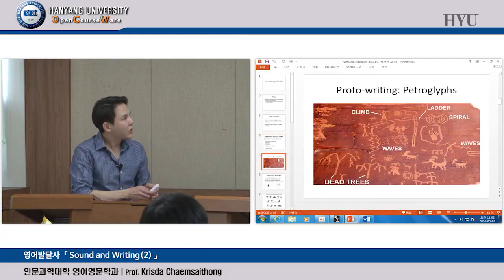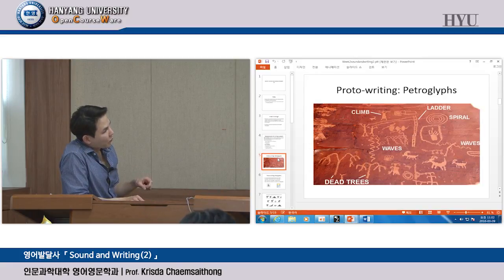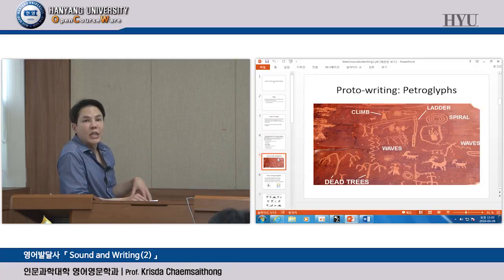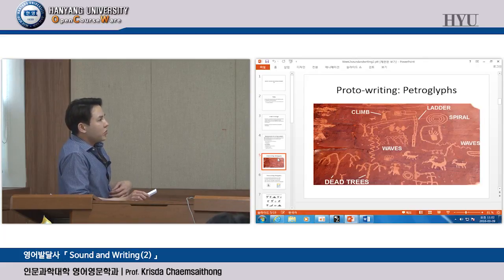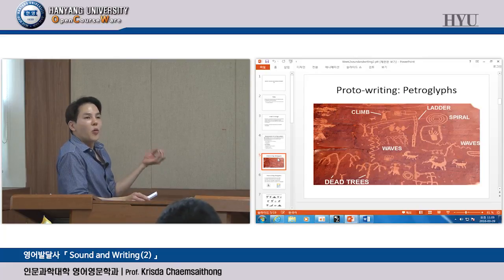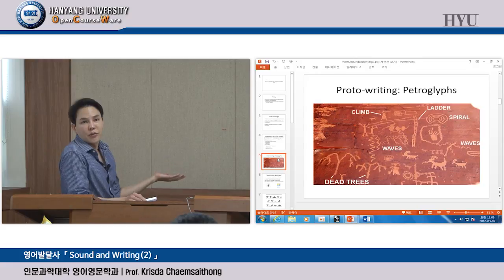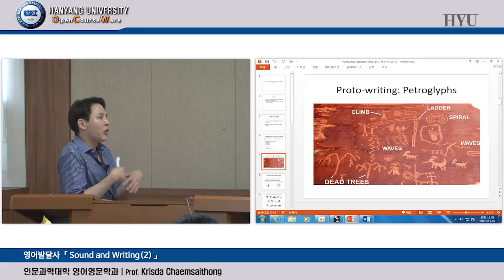Now here what you see is from perhaps an American Indian tribe. You see a lot of petroglyphs here, right? One glyph is one picture, right? And we don't think of this as true writing because we don't know what this is for. We don't know whether it's to keep a record or for religious purposes or for what purpose.